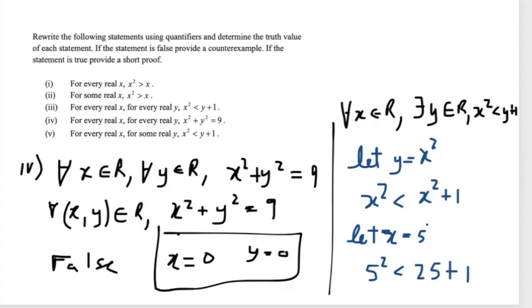If I let x be 4, then 4 squared is 16, and this side would be 16 plus 1. So we choose a number that is going to make it greater than x squared. Whatever we choose for x, we know it's going to be greater because we choose y to be x squared.